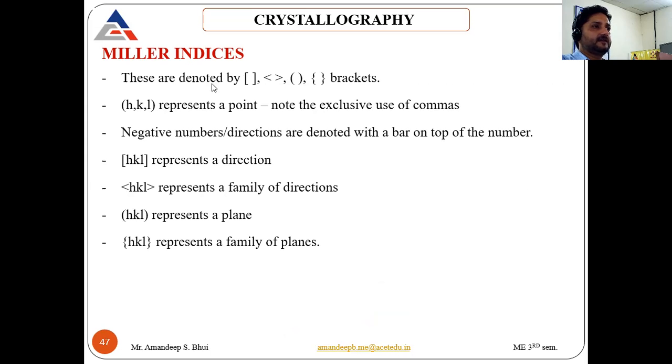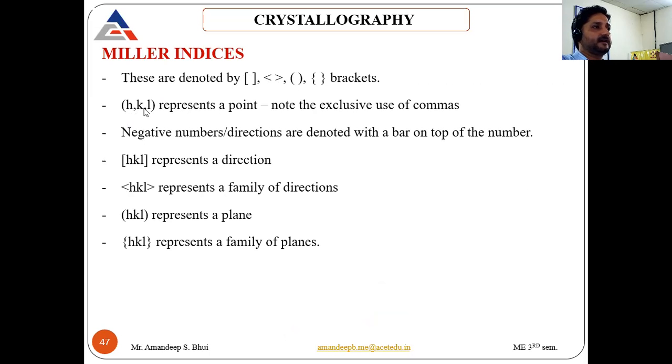Now these are denoted by brackets. So we have square brackets, angle brackets, and normal brackets. Okay. So now HKL, where H, K, and L are values along X, Y, and Z, in these brackets represents a point.